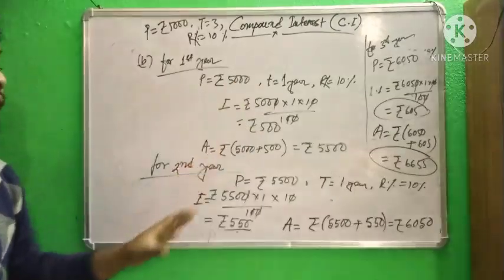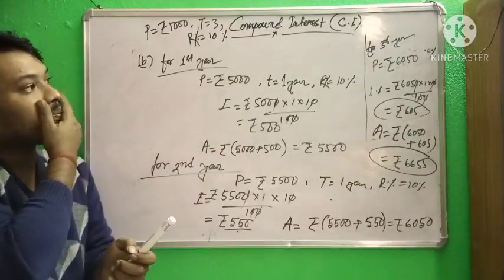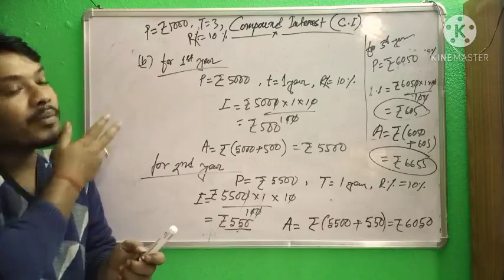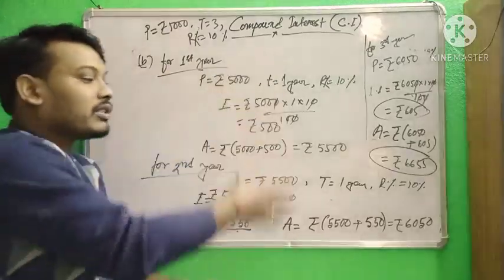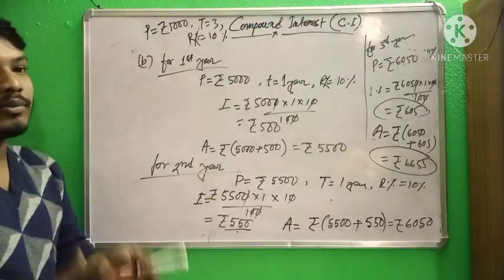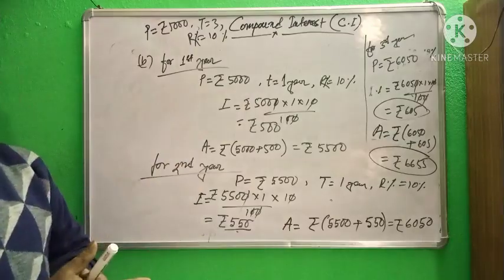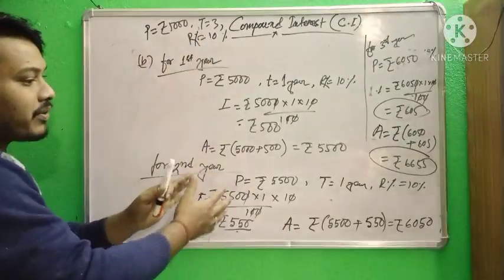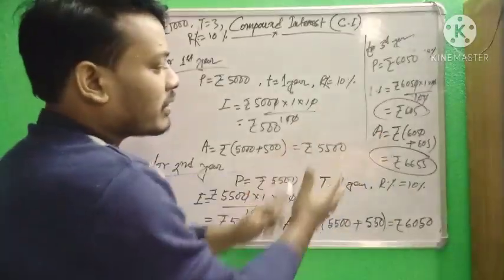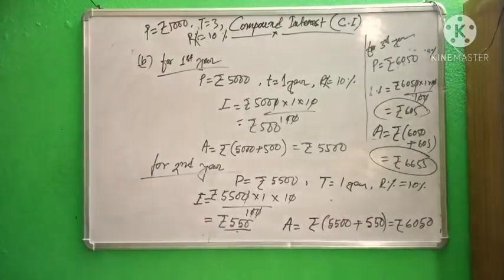In the first exercise, we have to find the compound interest by using the concept only, not the formula. In the next video I will give all the formulas related to compound interest. By concept we can also find compound interest, but if we find it by the formula, then it is easier.